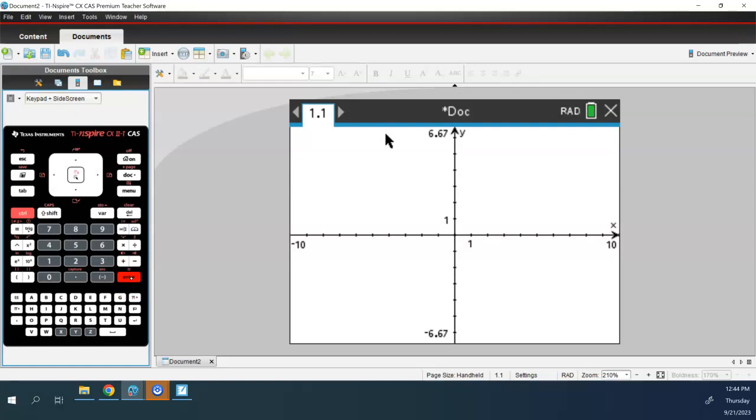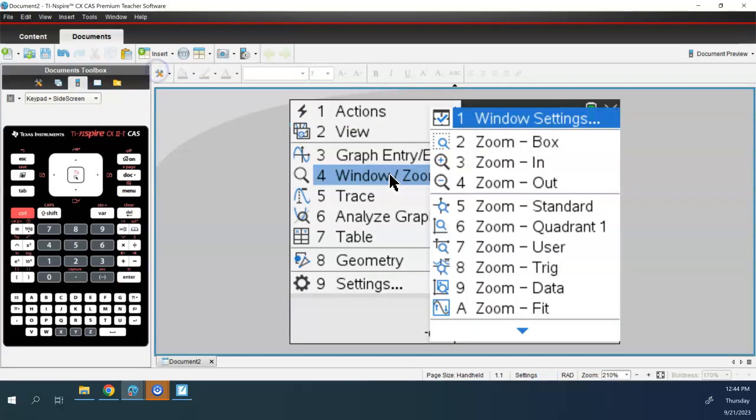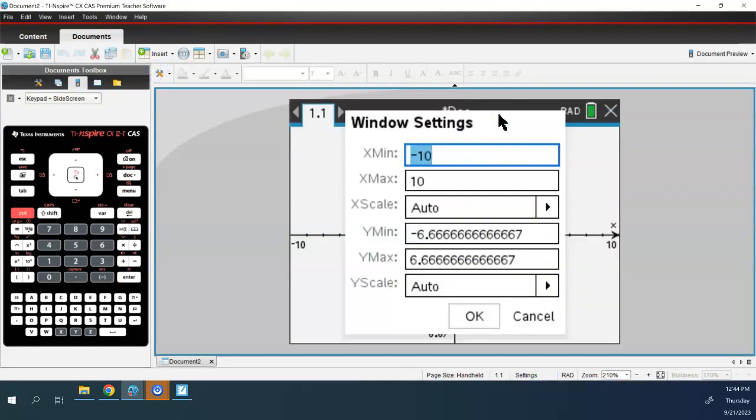Because my window is way too far in. So let's come up with a window that we can zoom it out to. Menu, window settings. X is time, right? So we needed to go out to at least 15, right?